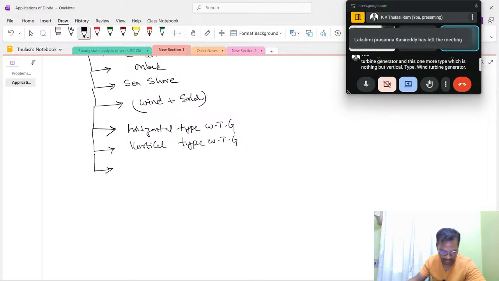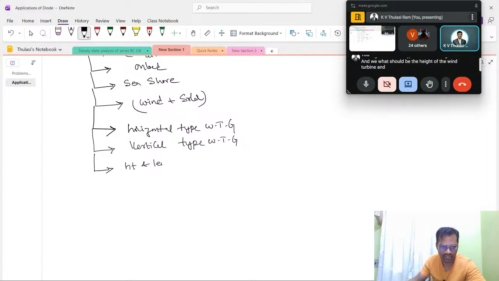And what the height of the wind turbine should be, and what the length of the blade should be, are maintained as per the design of the rating. A ratio is maintained for the height of the tower and the length of the blade based upon the rating of the plant.